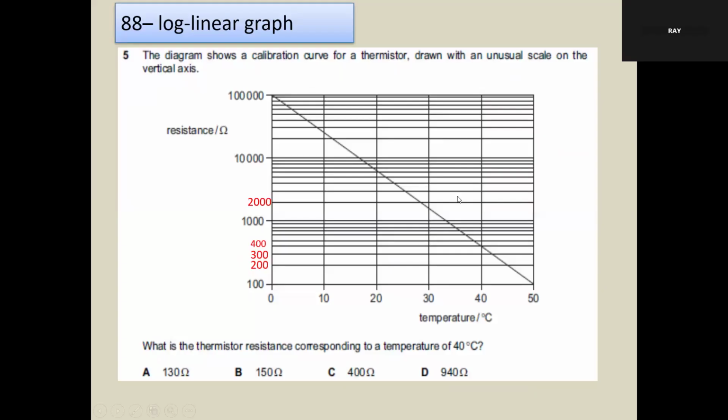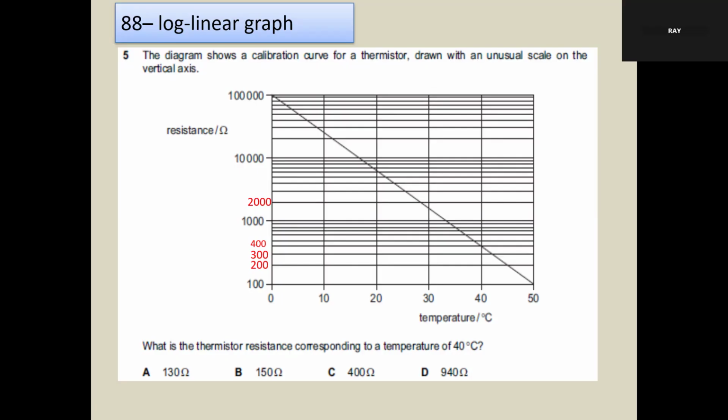This is called a log linear graph lah, a convenient way of plotting log resistance against temperature. No need to go and log it, you just treat it as log paper.